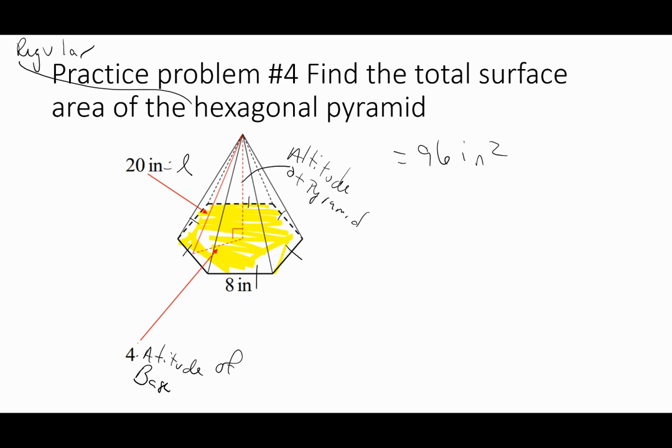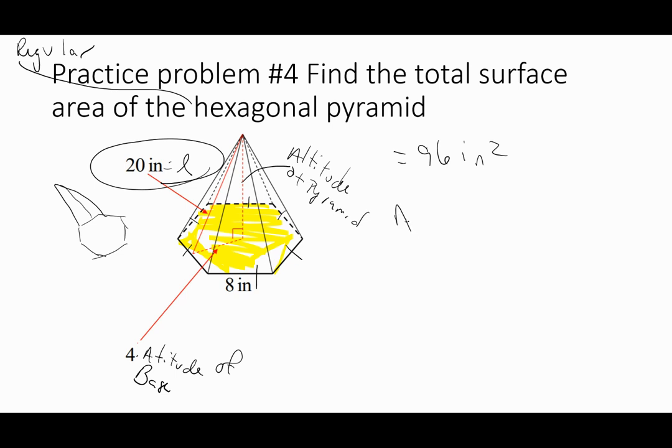So looking at in here, we need to use our lateral side. So our base is still 8. So we're going to take that hexagon and we're going to pull out our side right here, and that's our side length.